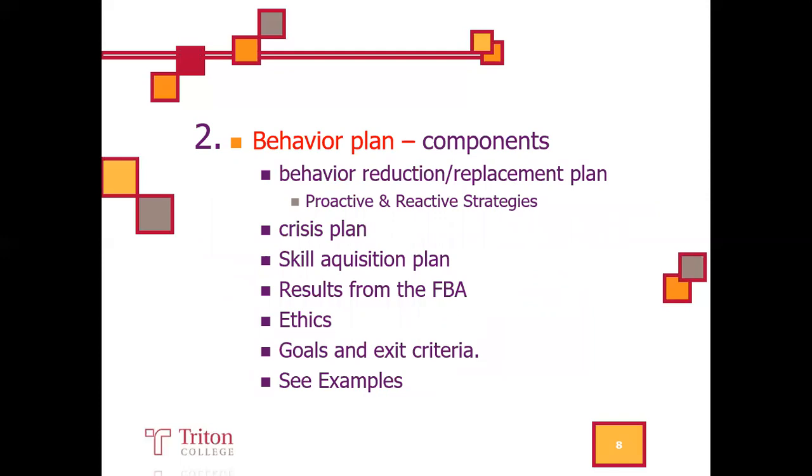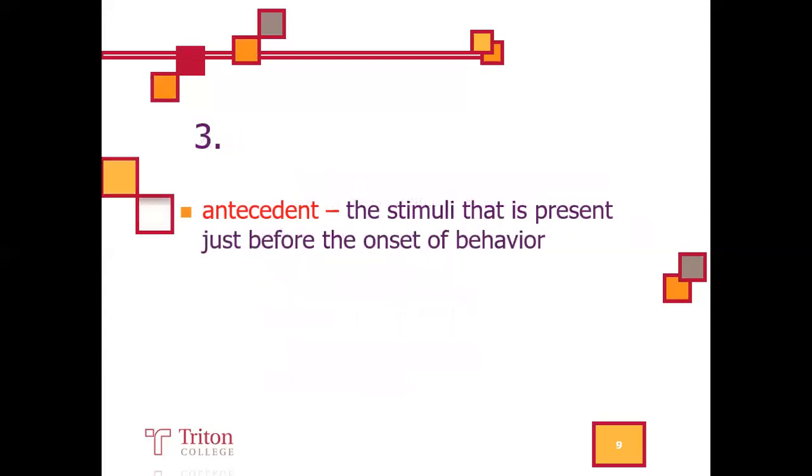So you have the behavior replacement or reduction plan with your proactive and reactive strategies, crisis plan, plans to teach them skills, skill acquisition plan, results from your functional assessment, an ethics statement, goals and exit criteria. And then there's some examples that I have uploaded for you. So you take a look at my plan. If you don't understand everything, that's cool. But just you understand the basis of how it's set up.